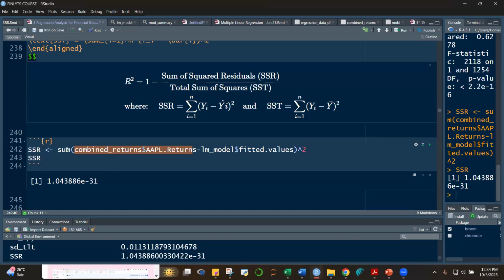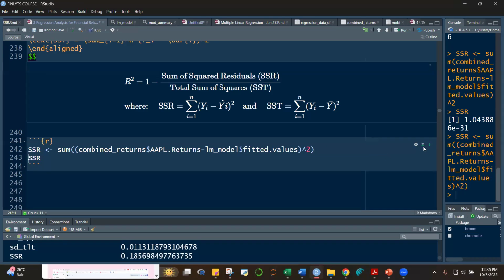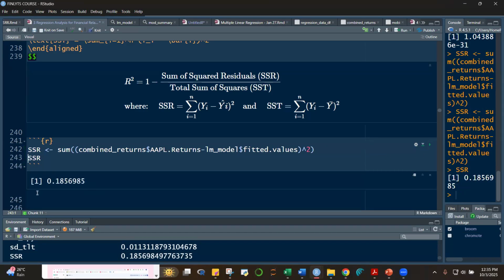We square it first, class, right? And then we sum. So be very careful, class. There's a world of difference between summing the combined returns minus the LM. Sum it up. Remember, if you sum it up, it's equal to 0, and then if you square that, that's equal to 0. As compared to getting the difference first, squaring it, and then summing that up. So you see, it's different.